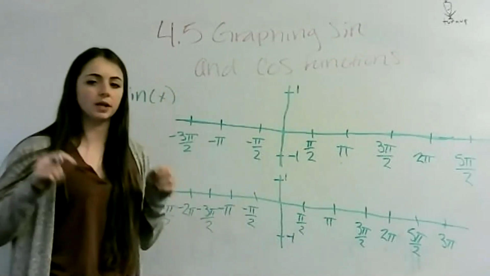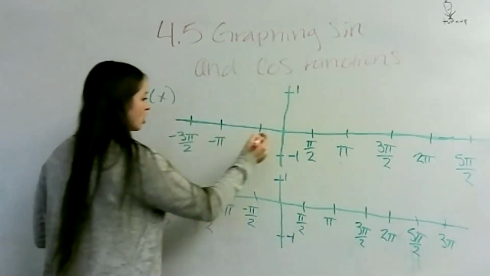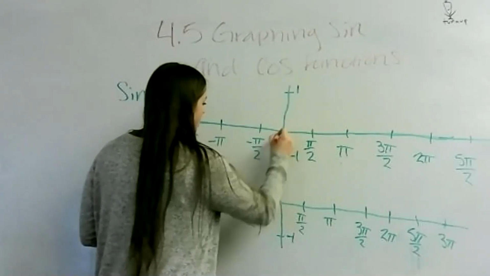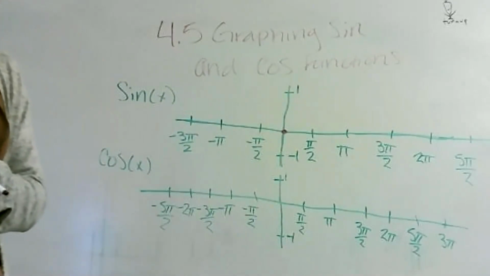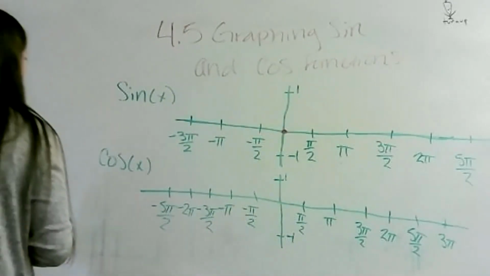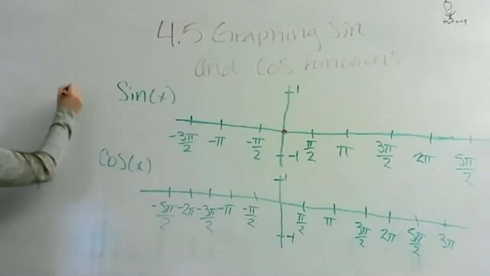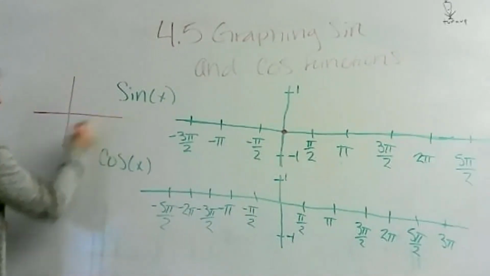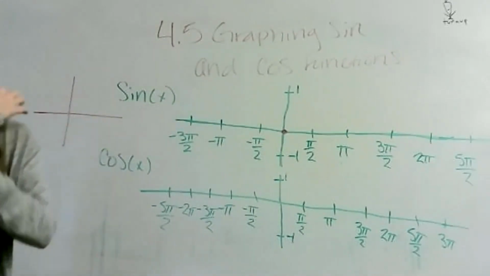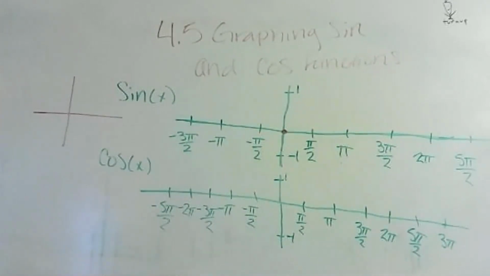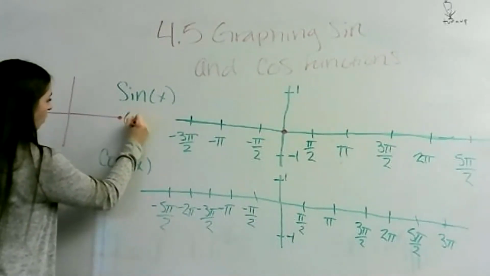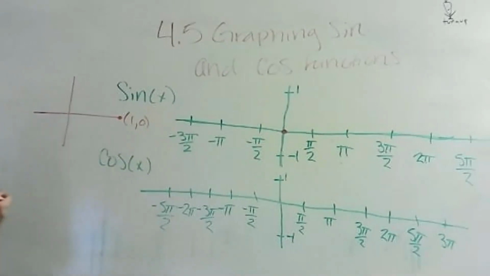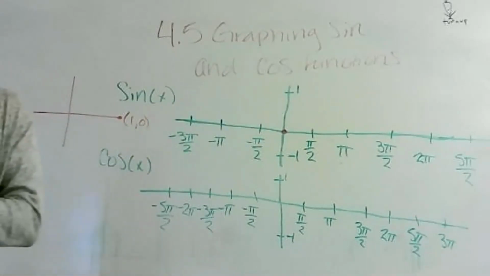So here's the one difference. Sine starts down. When I say it starts down, that means it starts at 0, 0. And the reason this happens is you can think about the unit circle. But at the point 0, at this point 0, your cosine value is 1 and your sine value is 0 because it goes cosine, sine.